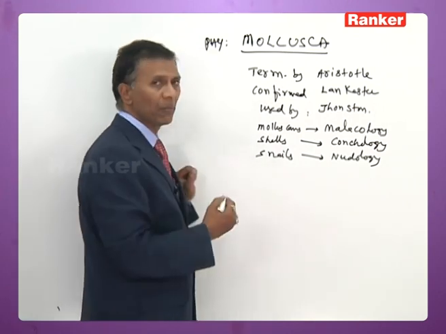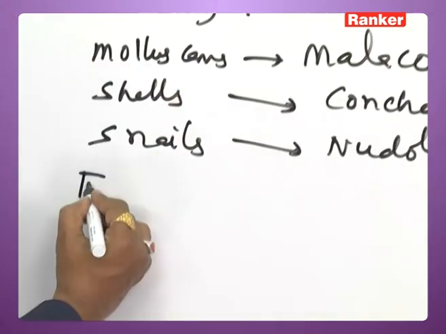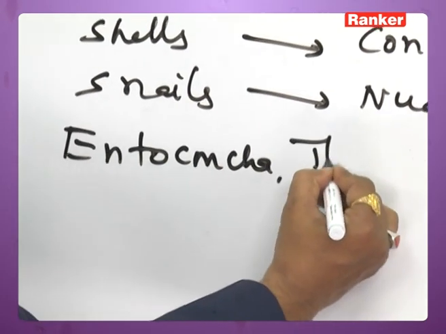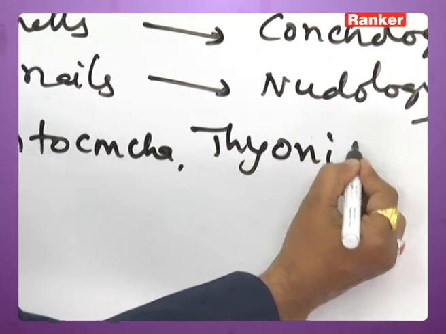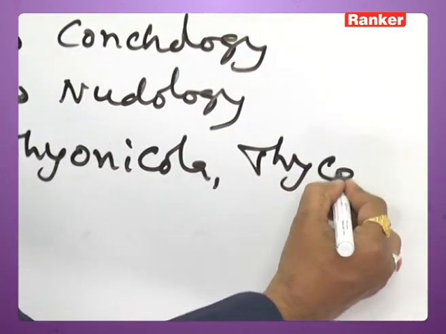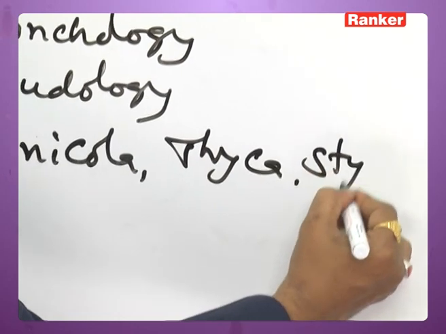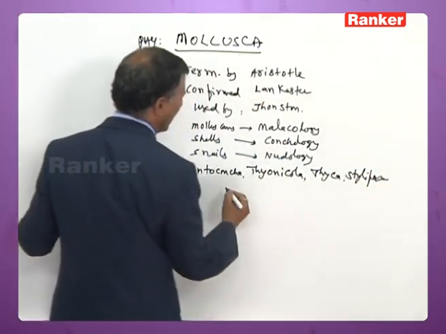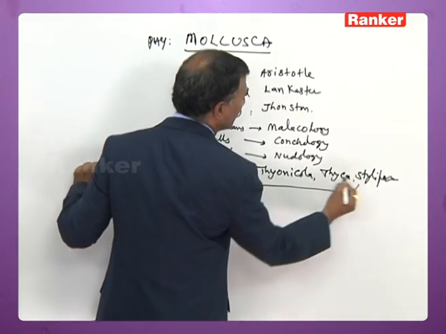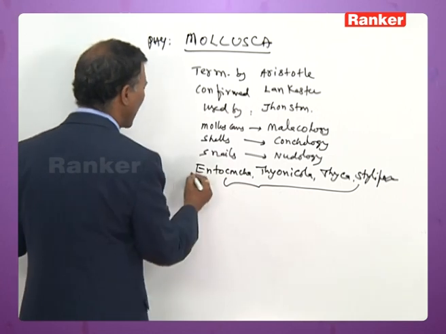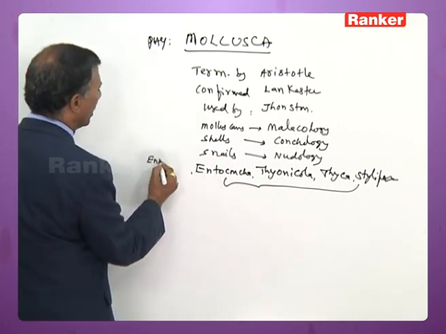The parasitic molluscans are Entoconcha, Thionicola, Thaika, and Stylifer, and there is another animal called Entovalva.